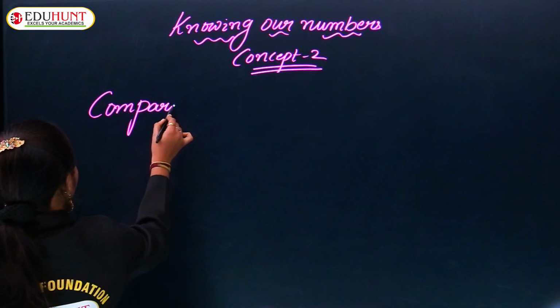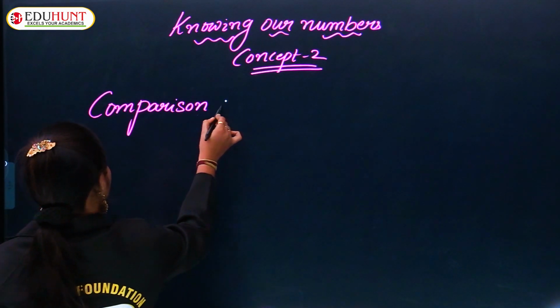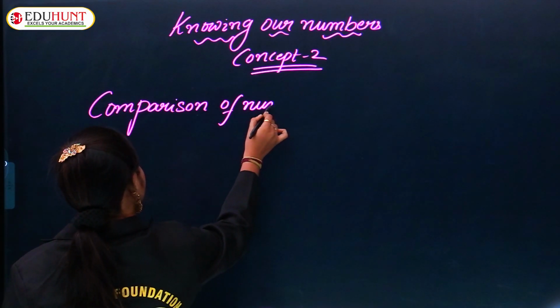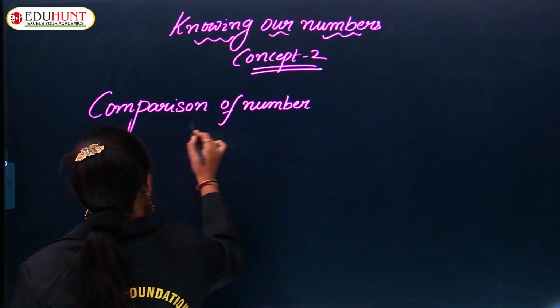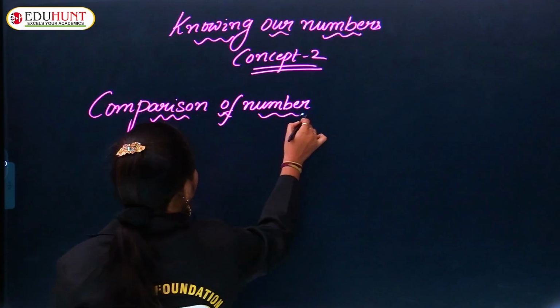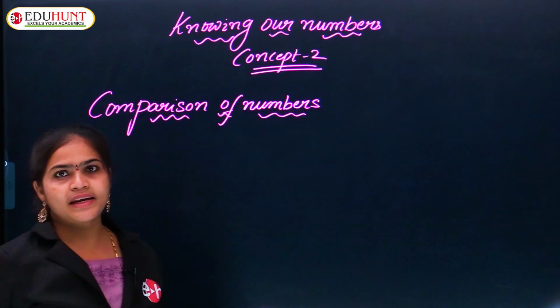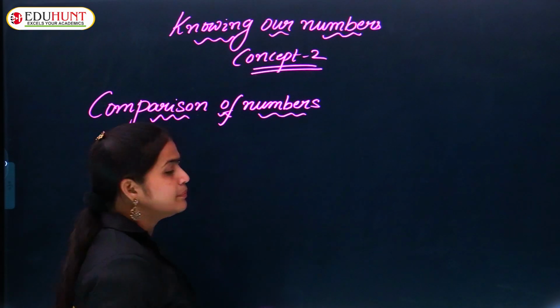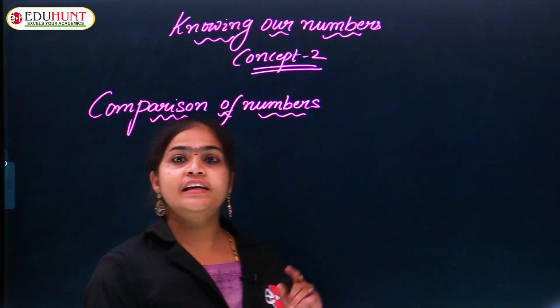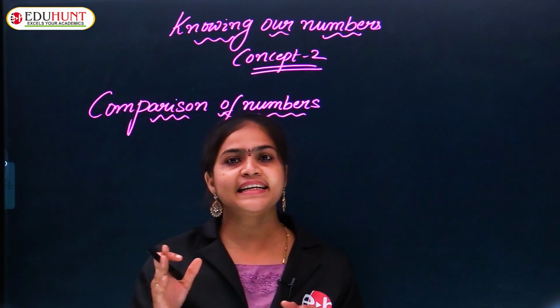First we will see comparison of numbers. First, how to compare given numbers. The first point is different number of digits.